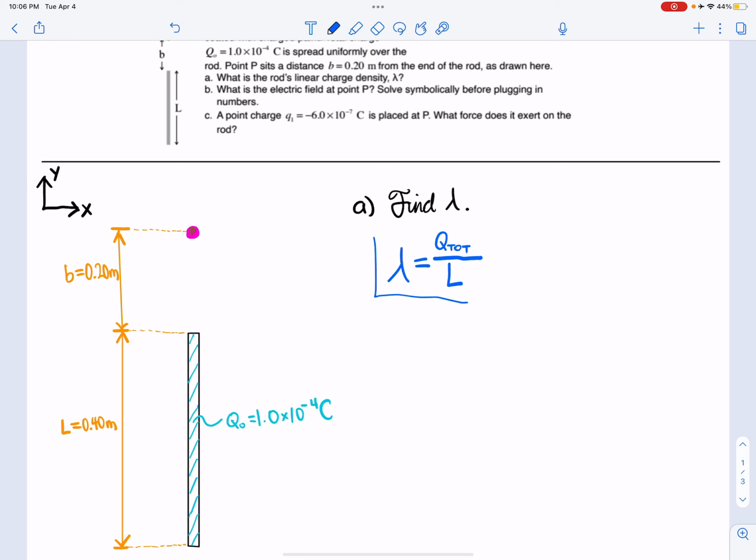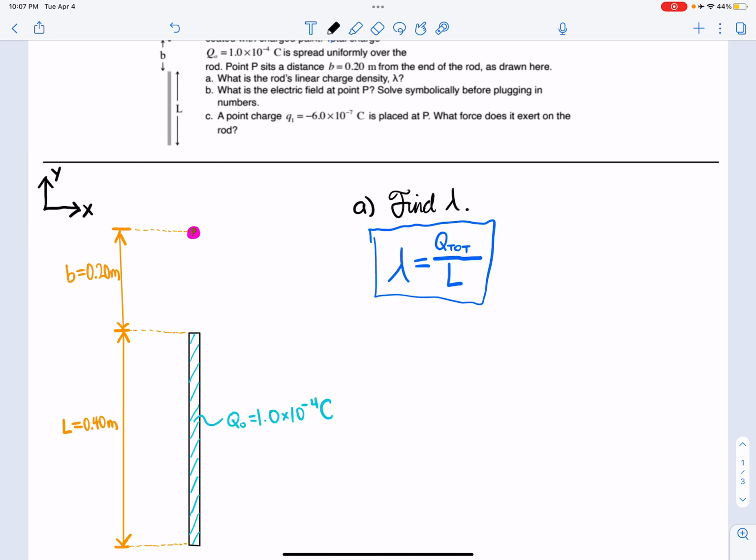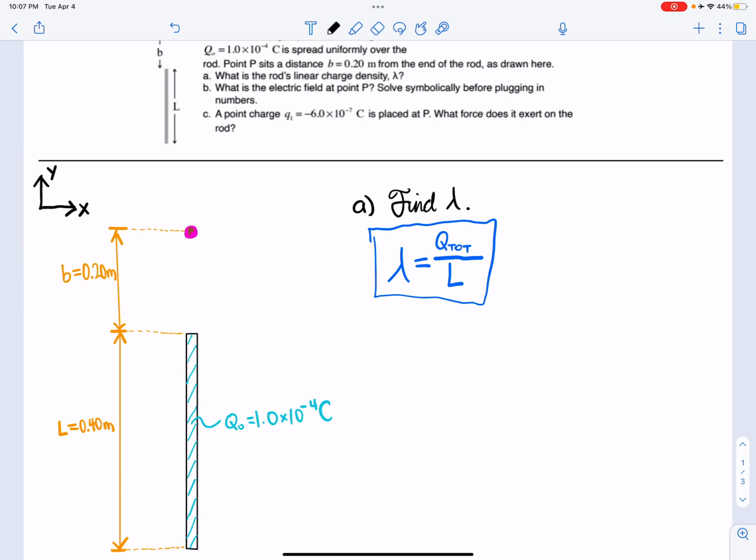So I'm going to use this formula to find my linear charge density. What is the total charge of my rod? That's equal to Q naught, and the total length is also, in this problem, length L.